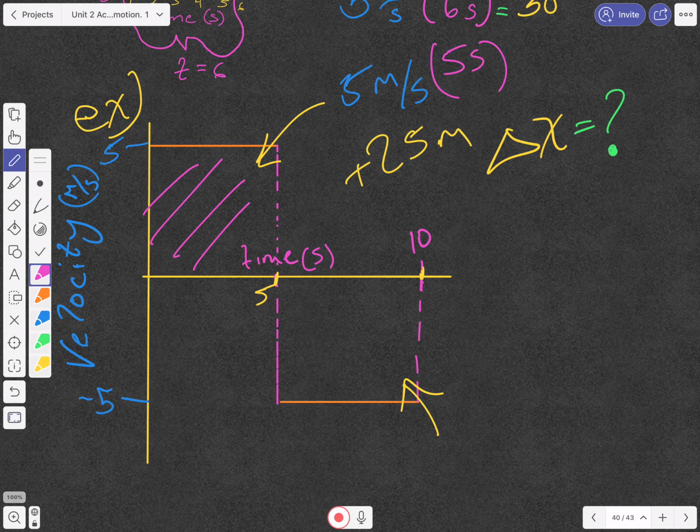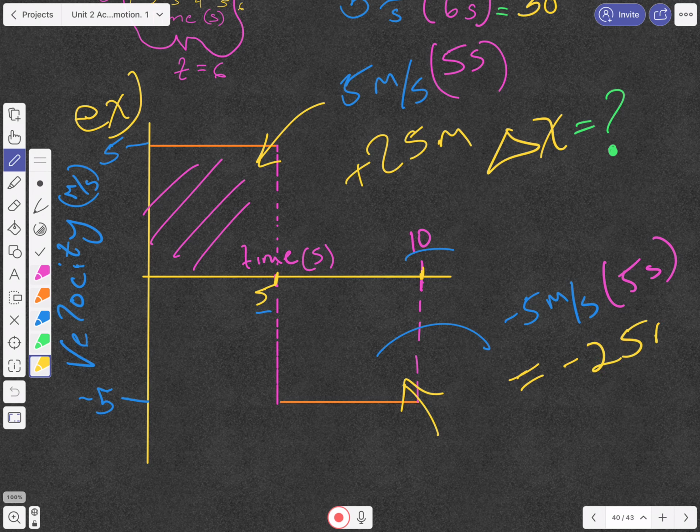Whereas this one, on the other hand, is going to give you negative 5 meters per second. And again, from 5 to 10 is going to be another 5 seconds. So 5 seconds. And that is going to give you negative 25 meters.